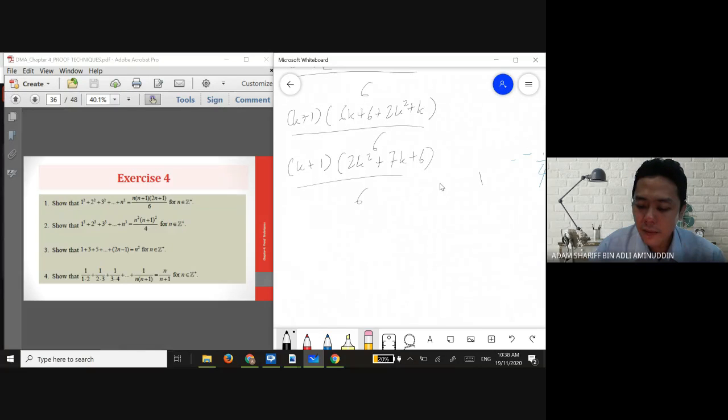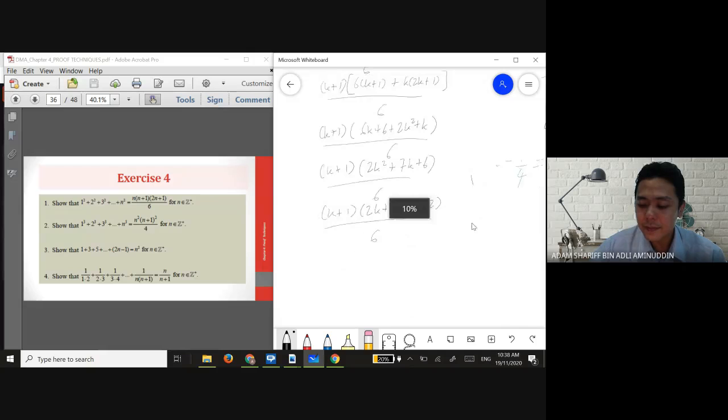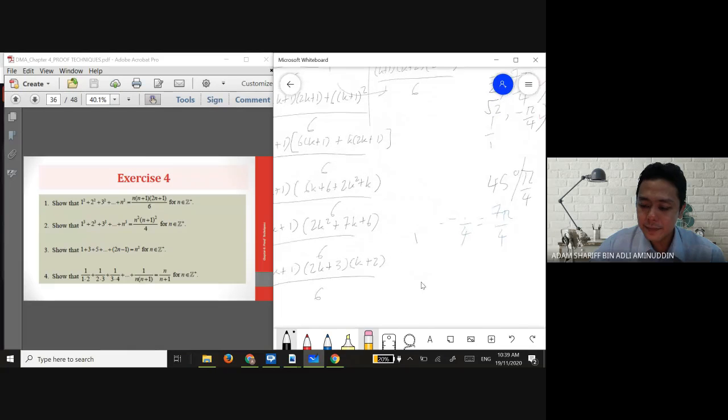Now I need to factorize this. k plus 1 becomes 2k plus 3, wait, let me test. 3 cross, k plus 2, is it correct? 4k plus 3k is 7k, correct. Over 6. At this time, you can see that it is similar to the right hand side.